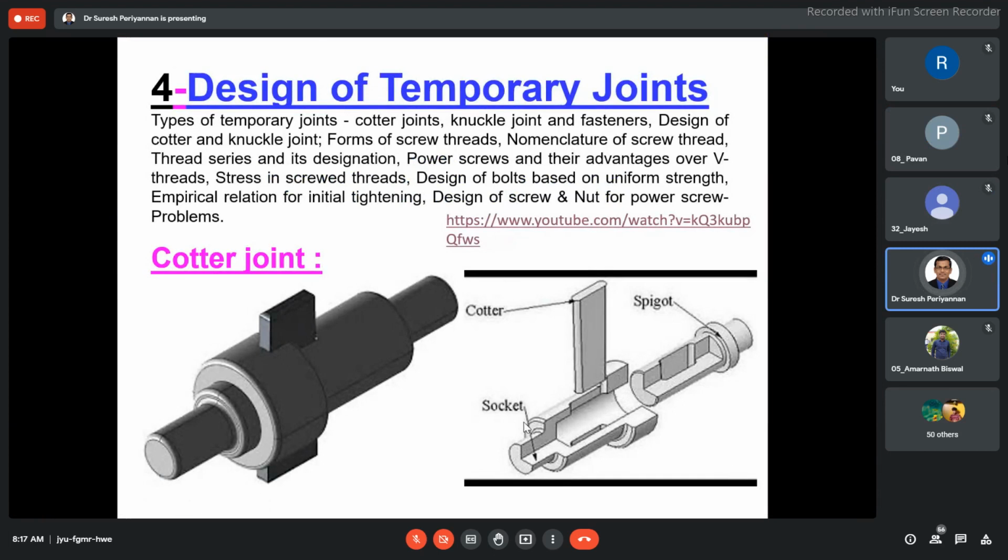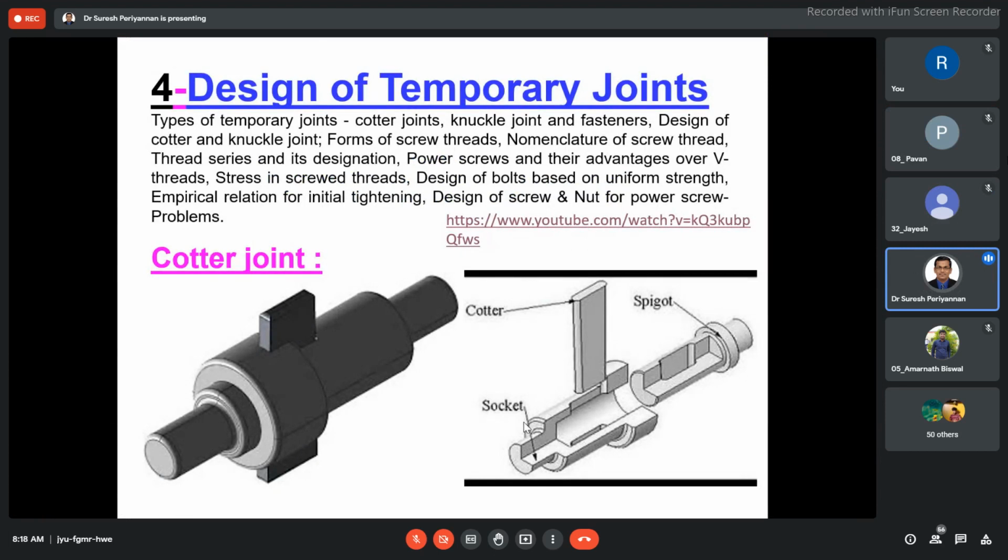Wherever in a mechanical system two or more components function together, they must be connected in an appropriate manner, using either a permanent joint or a temporary joint. Once we go for the design, we should know whether we go for a permanent joint or a temporary joint, and then based on that we have to define our joint.